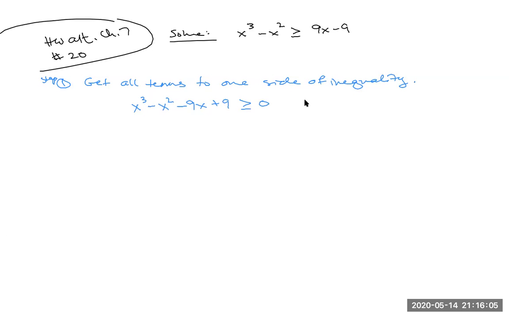Step 2. Attempt to factor by grouping if you can. I'm like hating my writing today. So I'm going to shorten it, attempt to factor if possible.